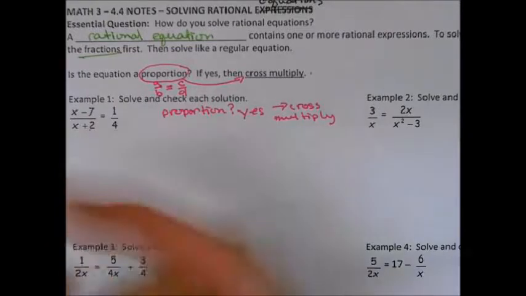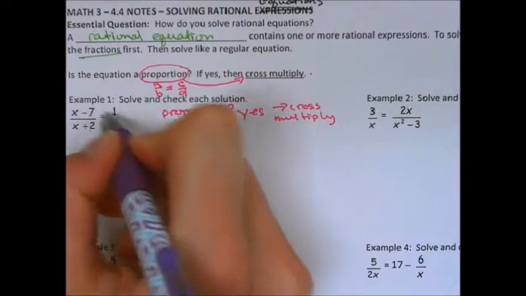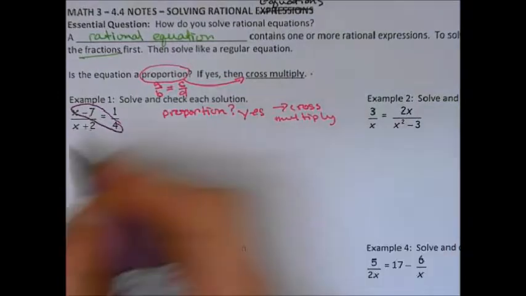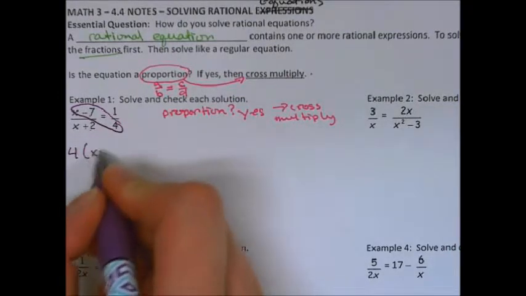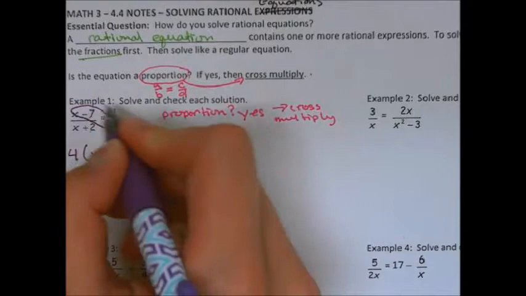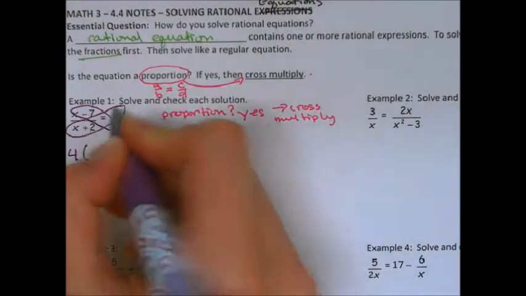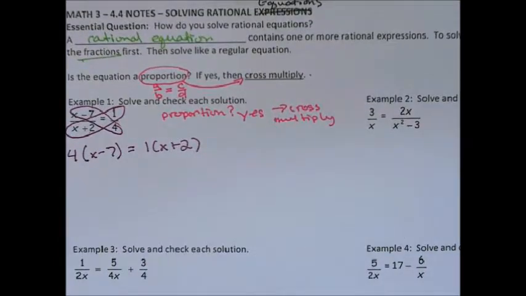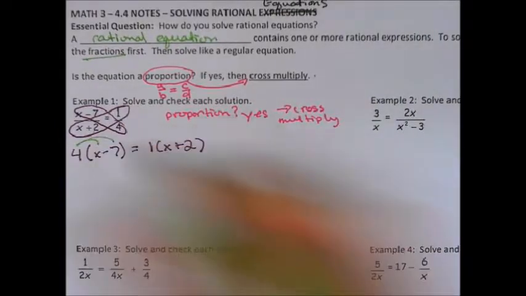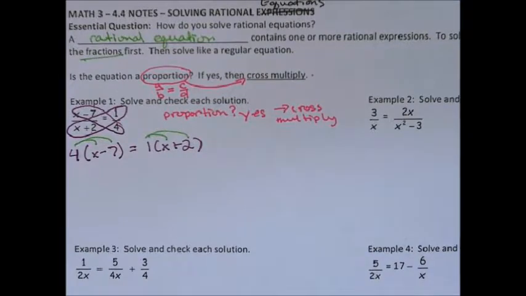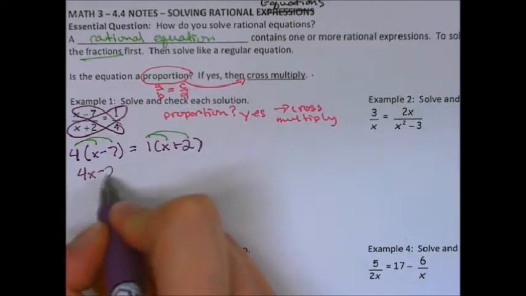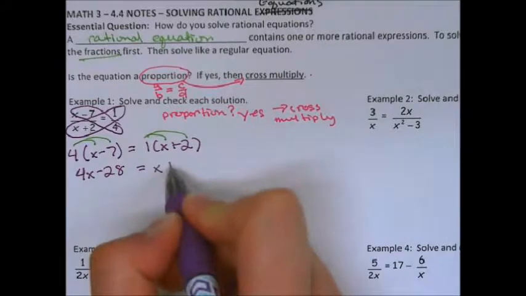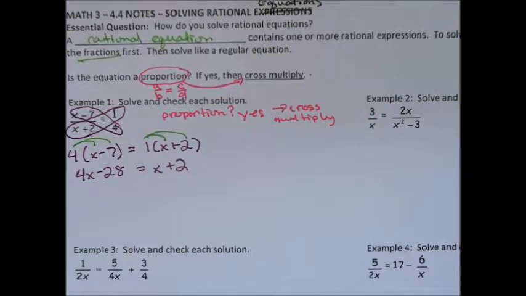So when I cross multiply, I'm going to go across the equal sign and do 4 times x minus 7 equals, cross the equal sign, 1 times x plus 2. Now I can solve this just like a normal equation. Distribute the 4, distribute the 1. 4x minus 28 equals x plus 2.